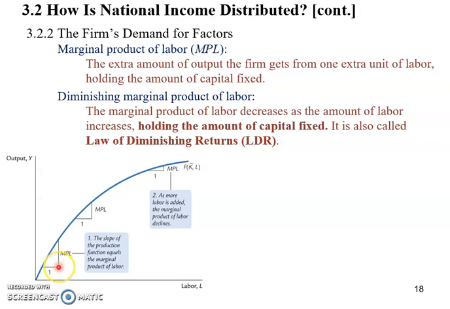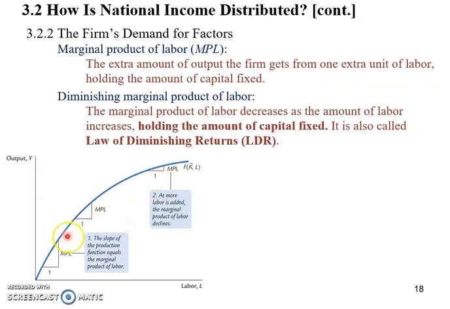The vertical axis tells us how many units of output we get from one extra unit of labor. This is exactly what we just defined, MPL, the marginal product of labor. You can see the MPL equals this much, and for the last one, the MPL gets smaller, right?